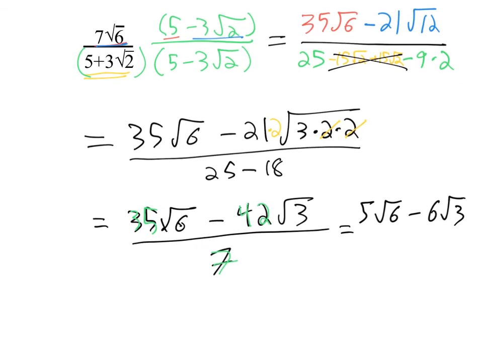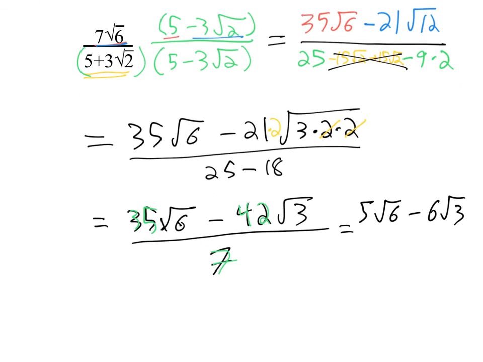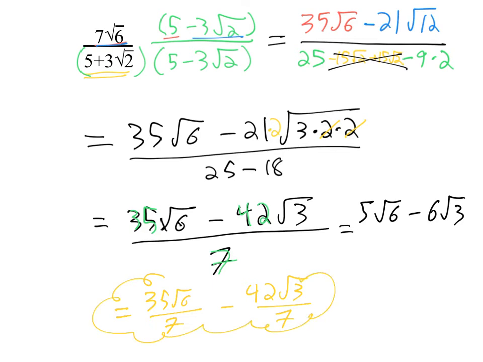If you're having a little trouble conceptualizing that last step, just realize that I can rewrite this expression like so. You can see that if I subtract these two fractions that I have in the bottom, I will end up with the expression that I have above it.